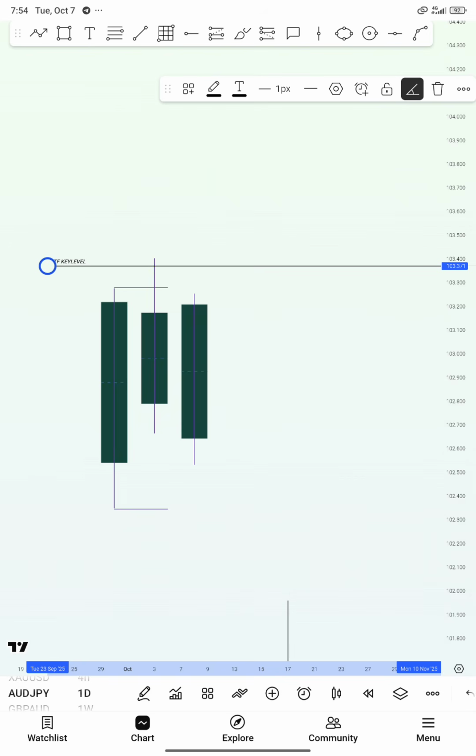But if you find this on the daily time frame, then it means you're already building what we call an A plus setup. Understand?